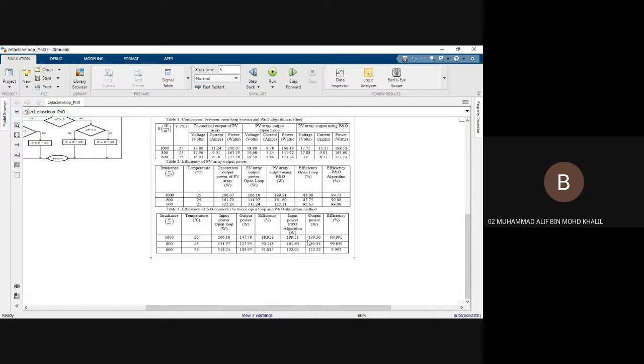However, for the PNO algorithm, the input power is 161.60 and the output power is 161.34. So it's almost the same, only a difference of 0.26 watt, which reaches the efficiency of 99.839 for the 800 irradiance. For 600 irradiance, we can see that it's slightly greater.